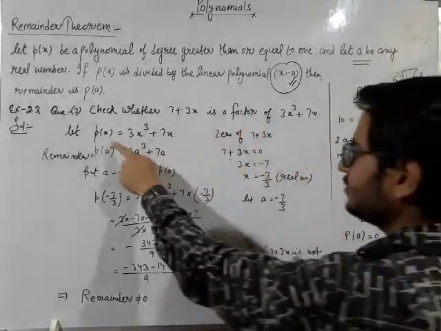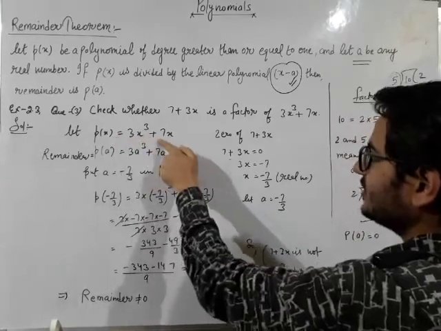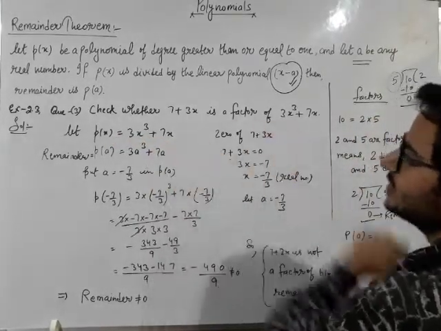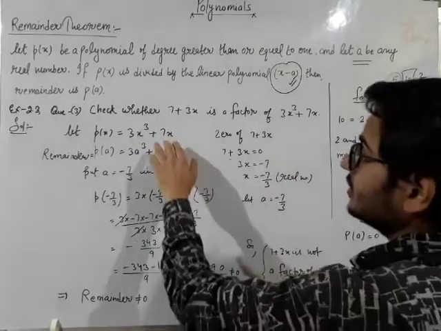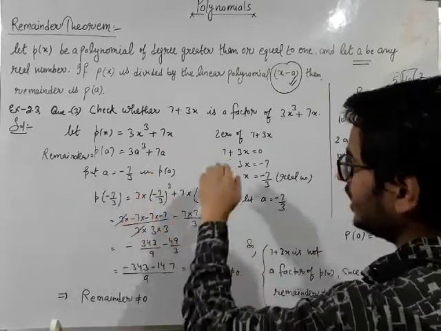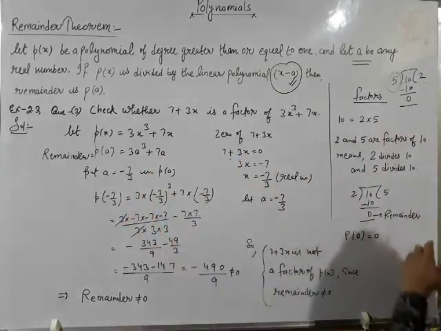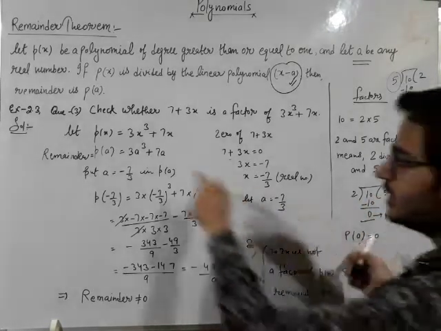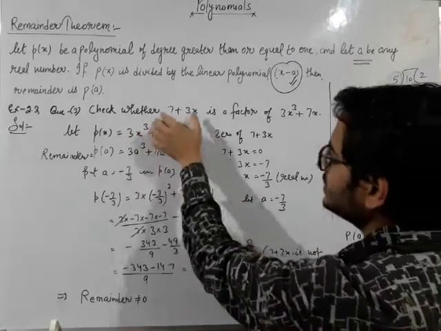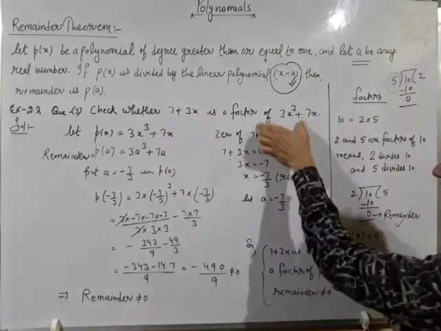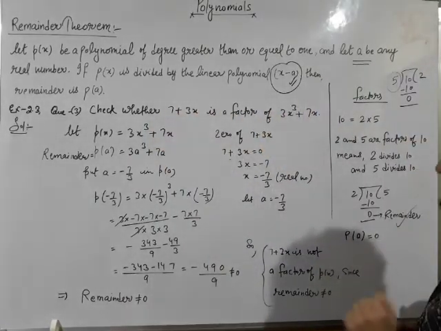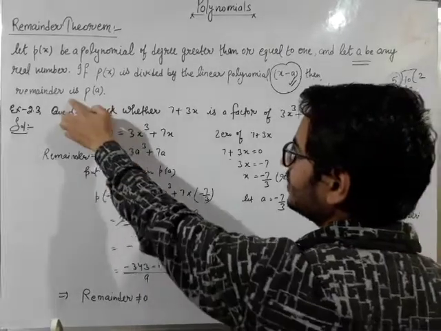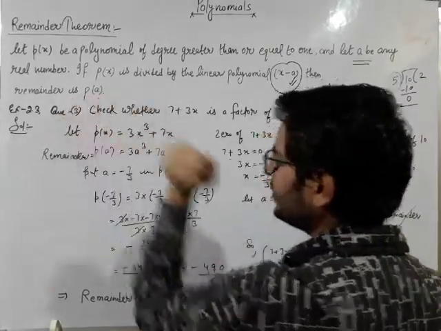So let the given polynomial be P(x) is equal to 3x cube plus 7x. We have to check the remainder. If remainder will be 0, then 7 plus 3x will be a factor of 3x cube plus 7x. By remainder theorem we know that remainder is P(a).